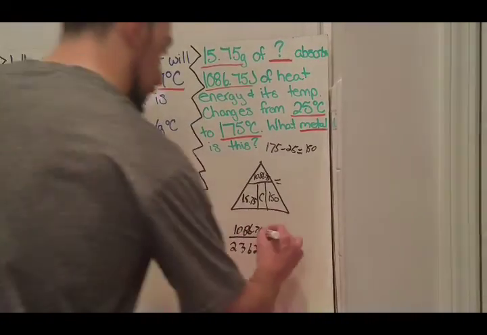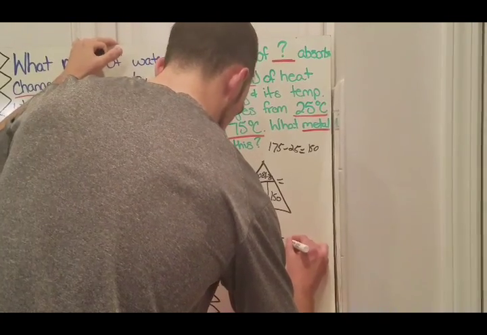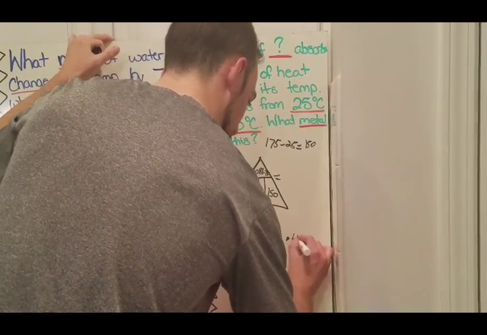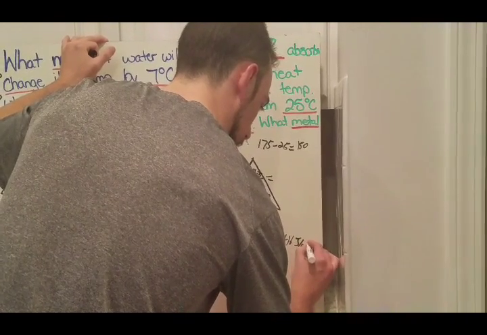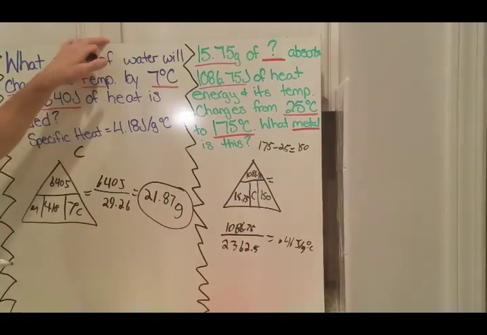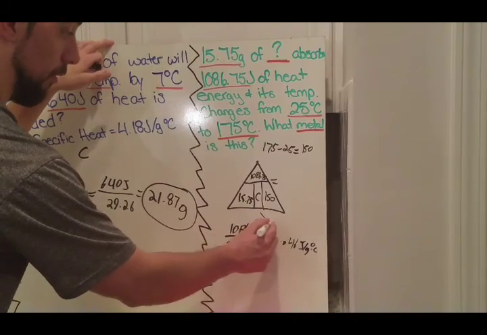Do that simple math in your calculator, and what you're going to get is 0.46, and that's going to be joules divided by grams times Celsius. Because that's the unit for C.